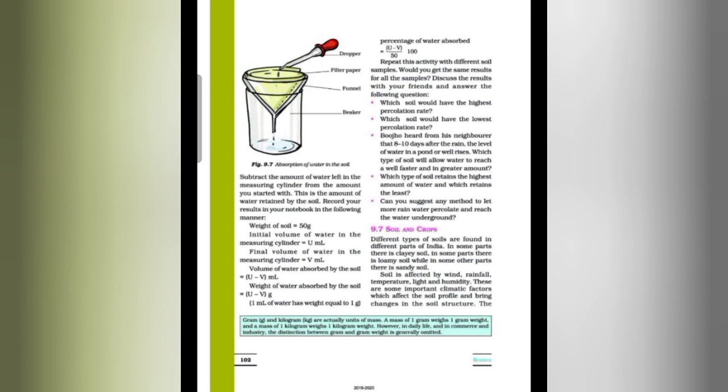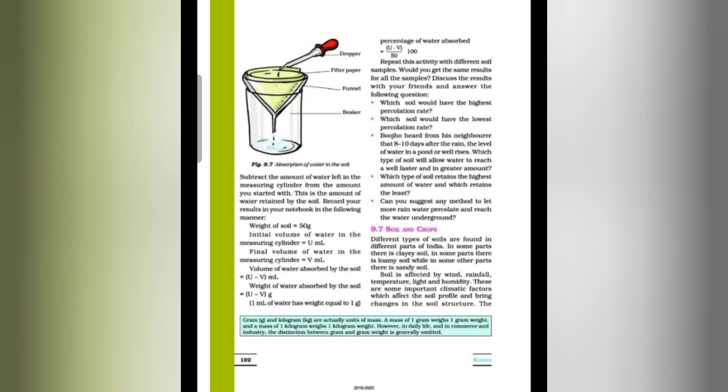Then we take 3 cylinders or 3 beakers, put a glass funnel over each of them, and take a filter paper, fold it properly and fix it in each of the glass funnels. Then take an equal quantity, suppose 50 gram, of 3 types of soil, that is sandy, clay and loamy.